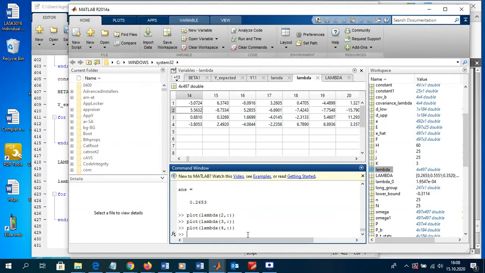We also can plot the risk premiums for the value and size factor together. Then again, what we have to do is add these brackets. Let's copy this. This should be now 3. This is 4. We have to close these brackets here as well.